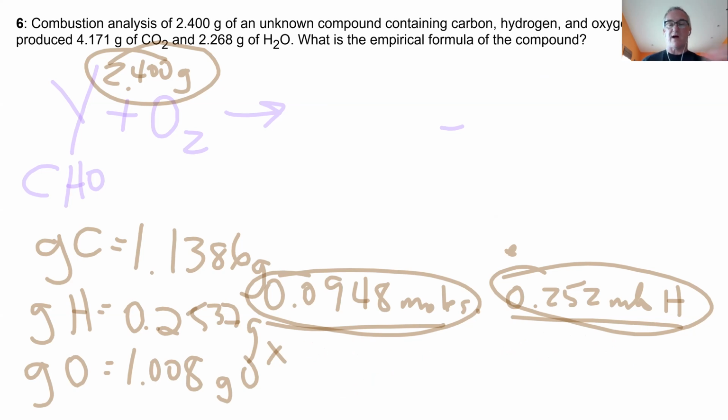So how are we going to get moles of oxygen? I have the molar mass. I have 1.008 grams of oxygen. What am I going to do with the molar mass of what? Oxygen. So you just multiply it by 1 mole over 15.99 grams of oxygen.